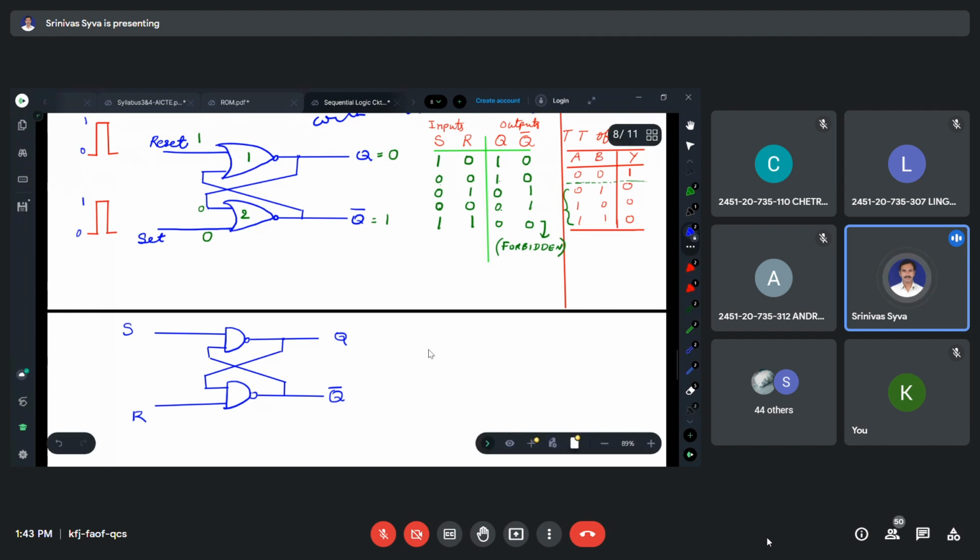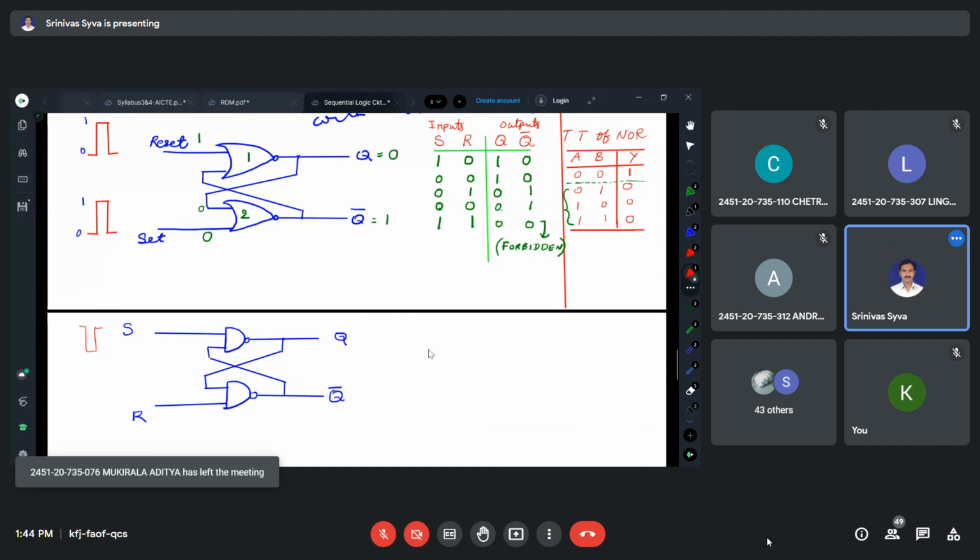Here it is being operated with negative pulses.